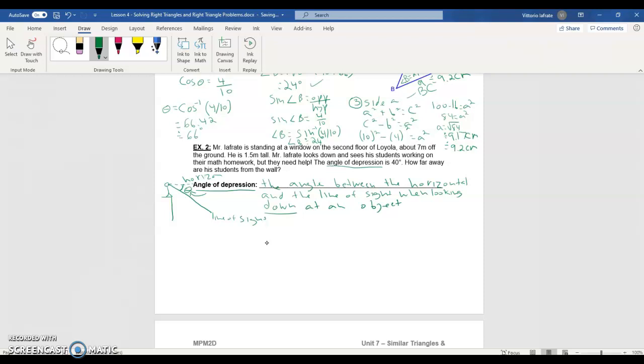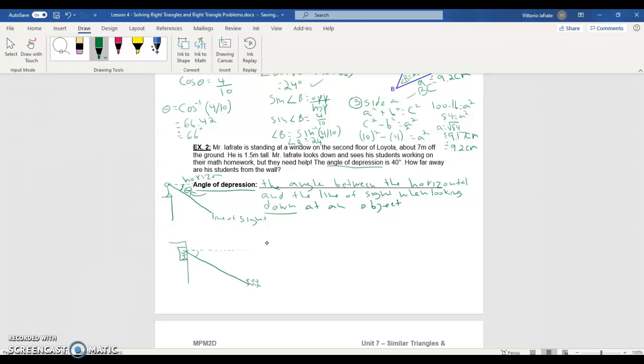So let's start off by examining the situation and drawing what we would expect. So we're on the second floor of Loyola. And here I am watching students, which is a bit weird that I'm watching you guys do math. So I'm looking down, you're in my line of sight. So there's a few students here doing math. Here's the horizon.